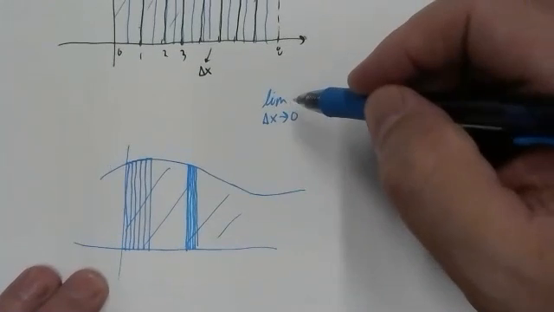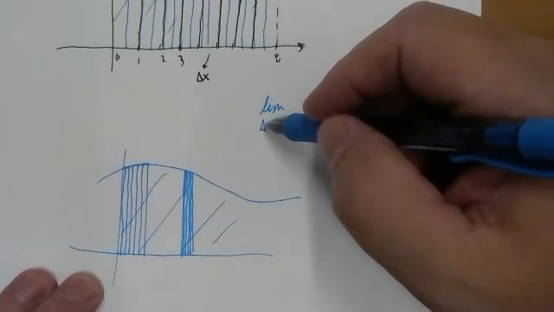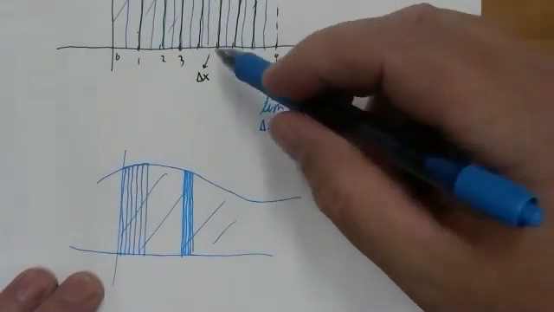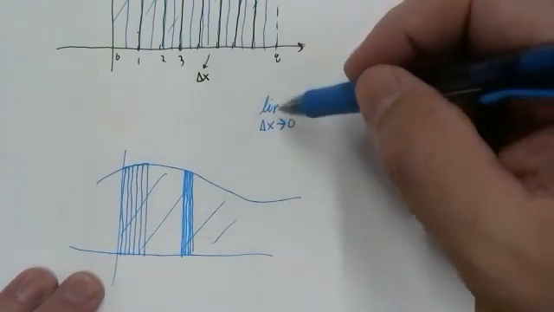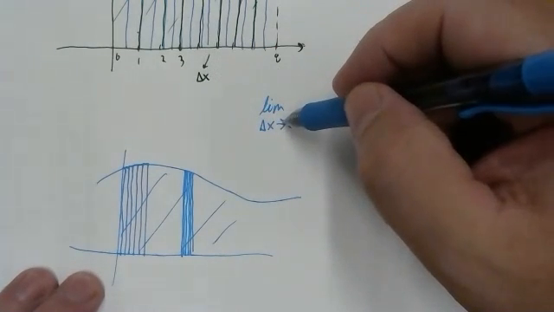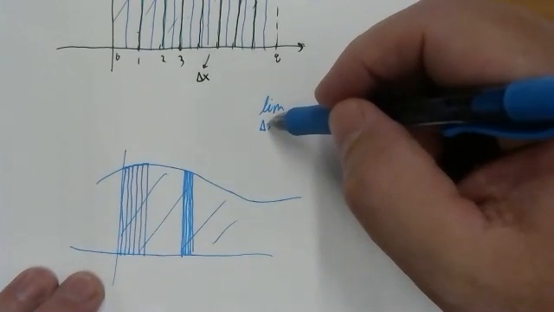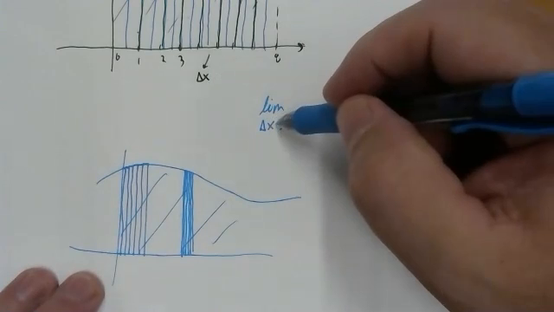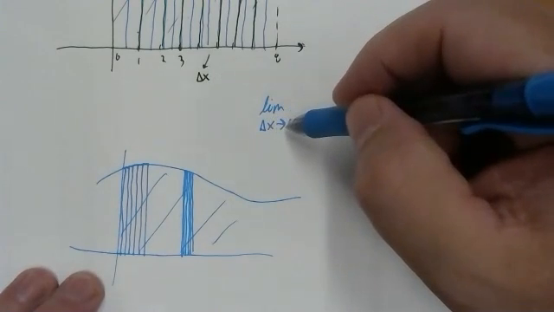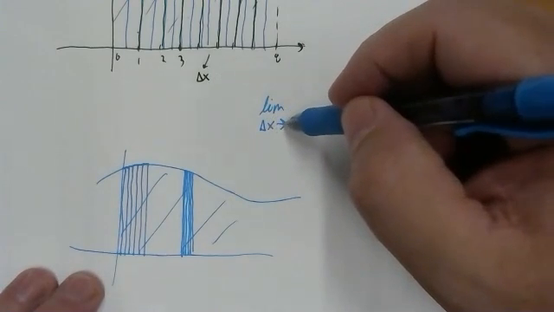Matter of fact, what they do mathematically is they try to make this delta x, the width of the rectangle, approach 0, right? The limit as the width of the rectangle approaches 0. It never quite gets to 0, but it gets super, super close.